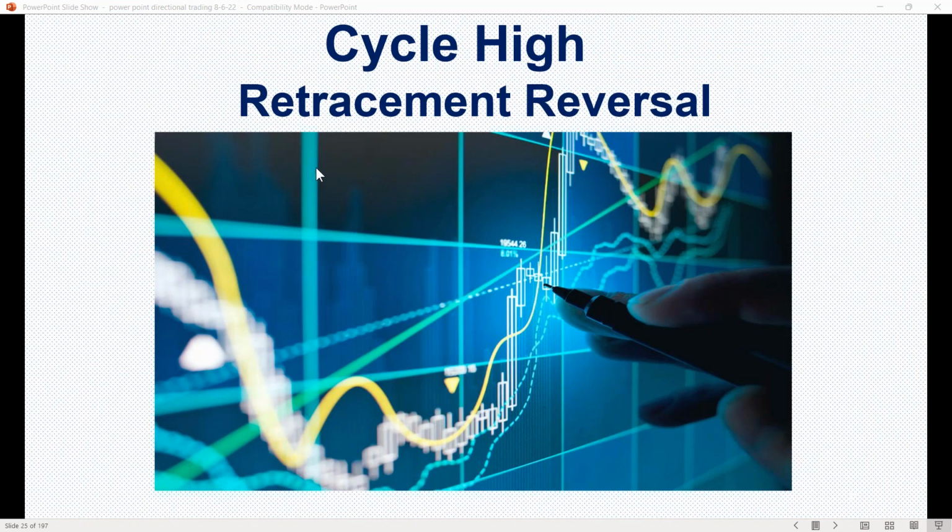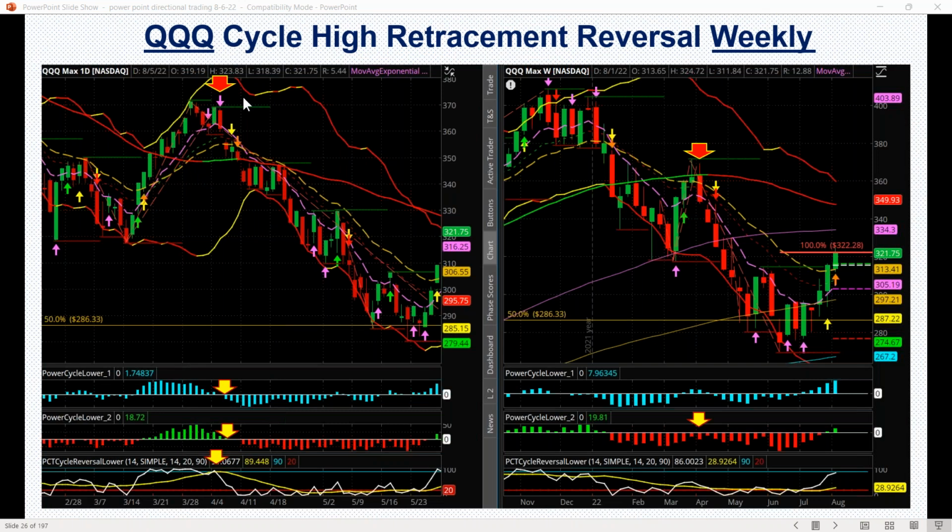Now the next one is the cycle high retracement reversal. This is where you've got a downtrend going on, and then the market bounces back up and goes into key areas of resistance, which can be defined and identified using either moving averages, price action support, or Fibonacci.